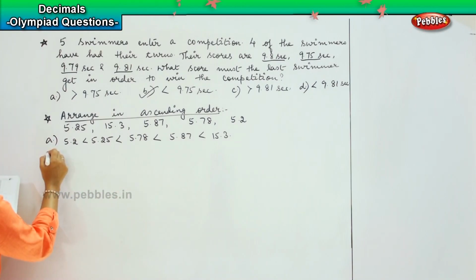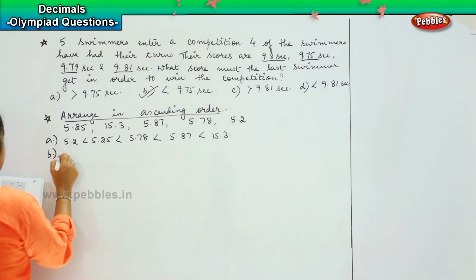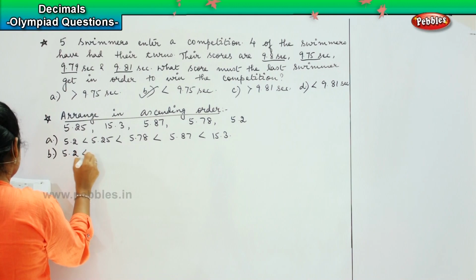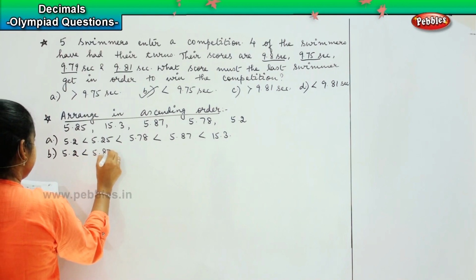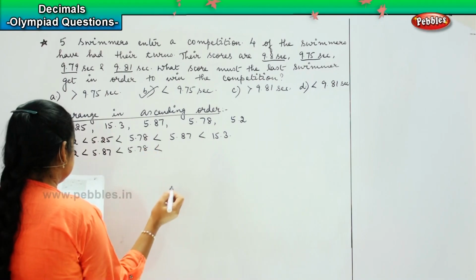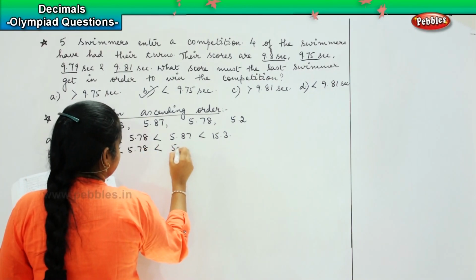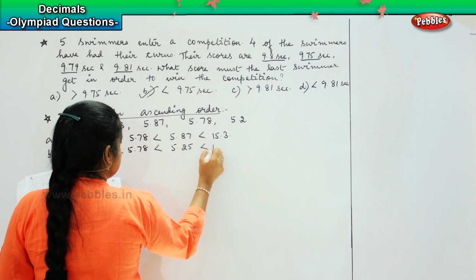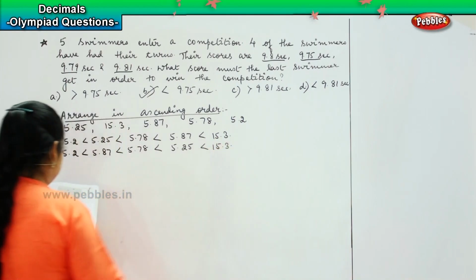Option B: 5.2 is less than 5.87, is less than 5.78, is less than 5.25, is less than 15.3.